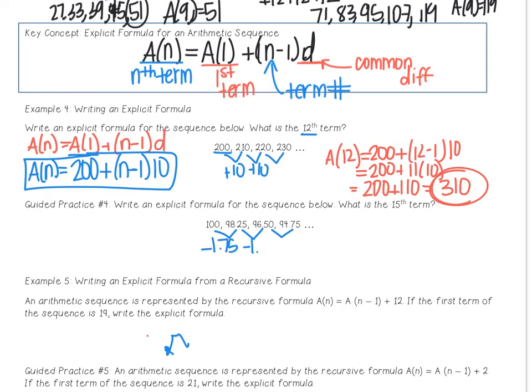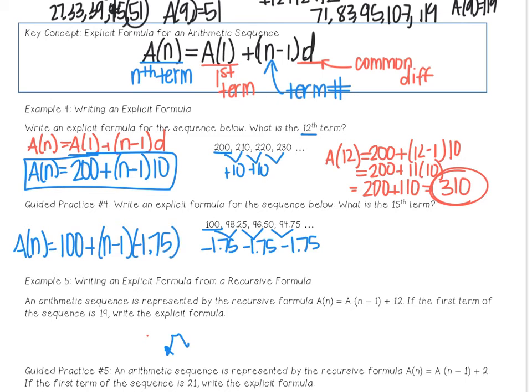So it's negative. Okay, so my arithmetic sequence is going to be a sub n equals the first term, 100, plus n minus 1 times the common difference, negative 175.